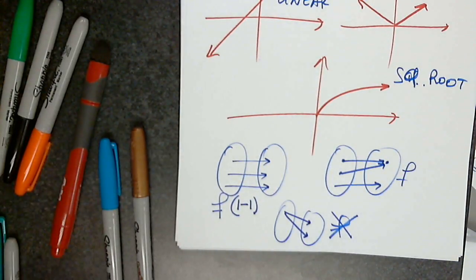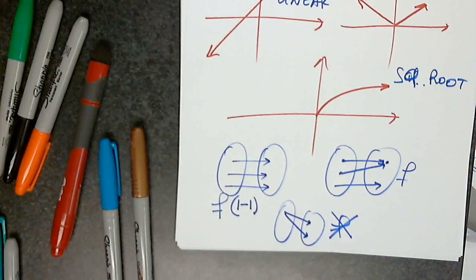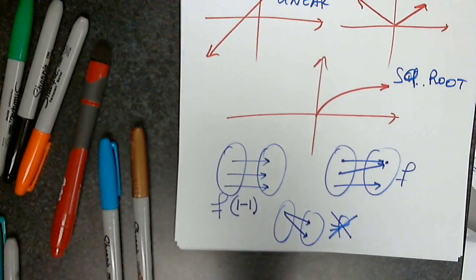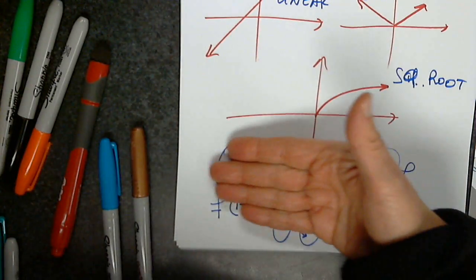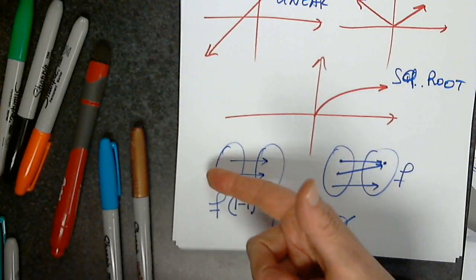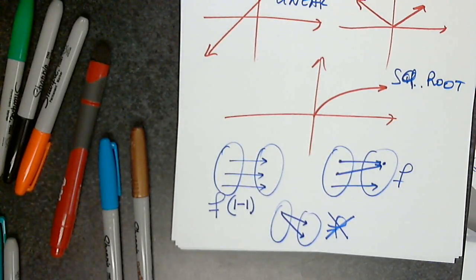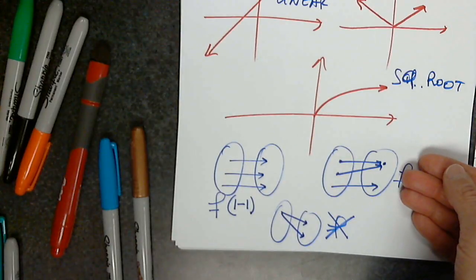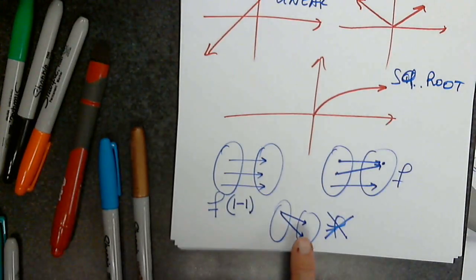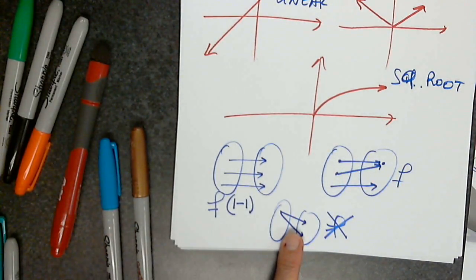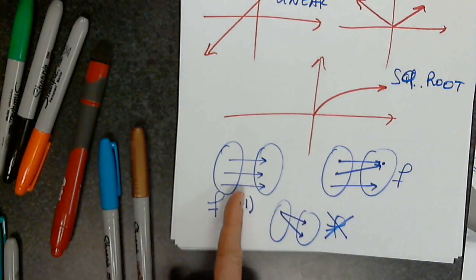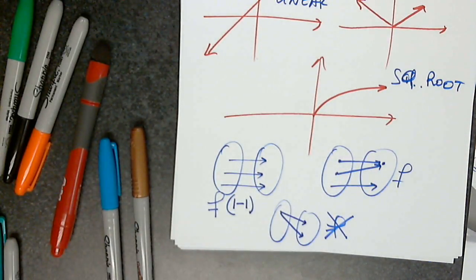Why? Because if I want to go back, that's the idea. This is the domain and this will be the range. I can. It's still a function. This one is not one-to-one, because if I try to go back, it will be like this one, which is not a function. So this one is one-to-one, meaning not just to one x, one y, but also to each y, only one x.